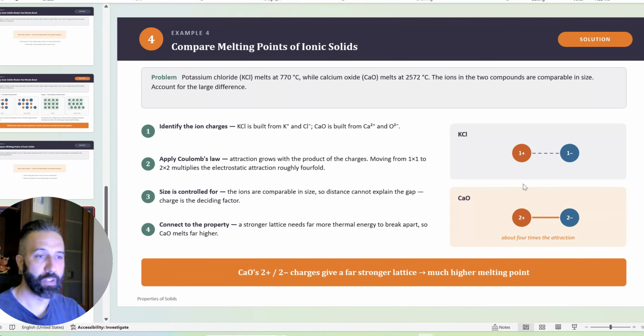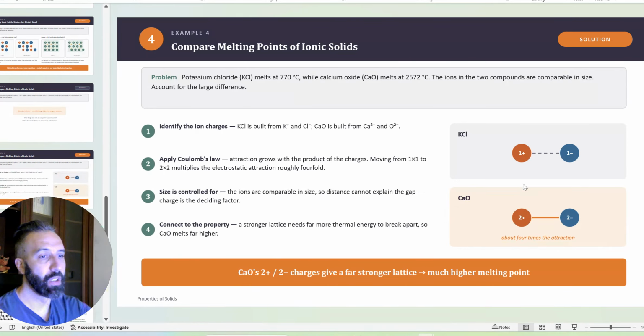While KCl is just 1+ and 1-. And they're similar in size, which means CaO has higher effective charge. I mean, Ca2+ and O2- have higher effective charge, which means the ionic bond is much stronger, which means the lattice has much higher energy, which means they're going to have way higher melting point. And again, it's always the case like this in AP curriculum.